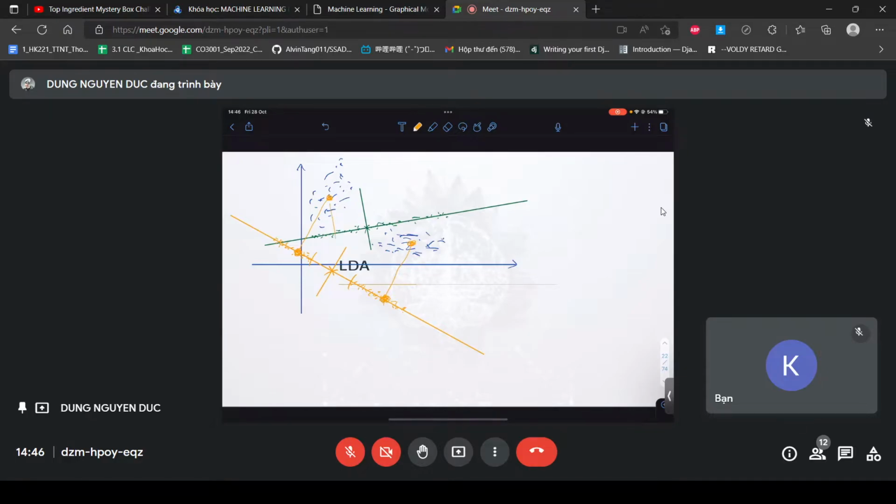For the green one, you see that they are not so far from each other. So the core idea looks obvious, right? We are going to project our data onto a new dimension.